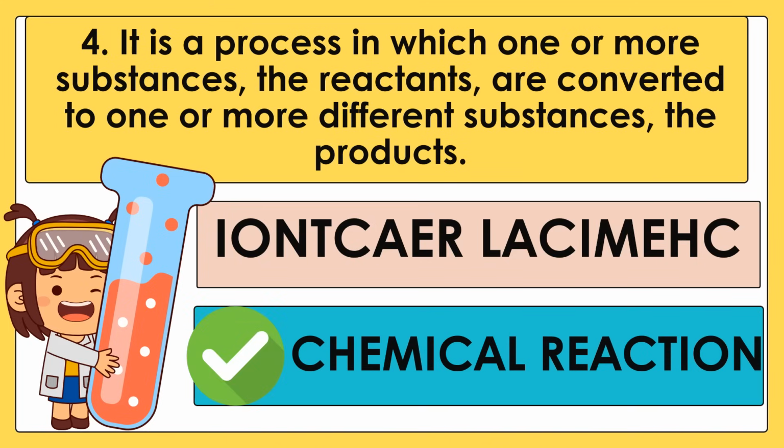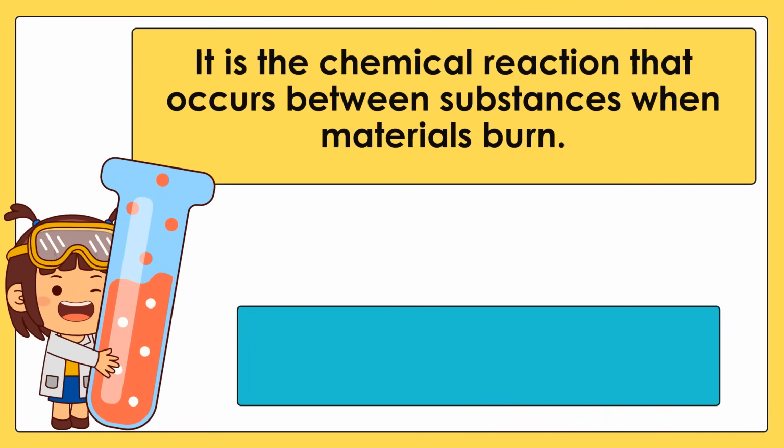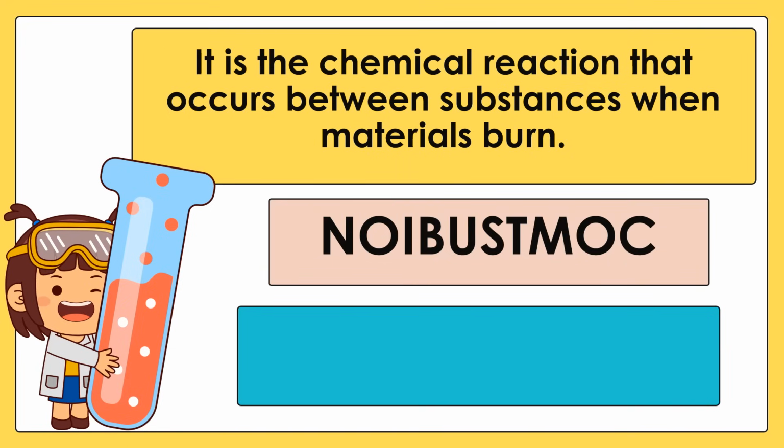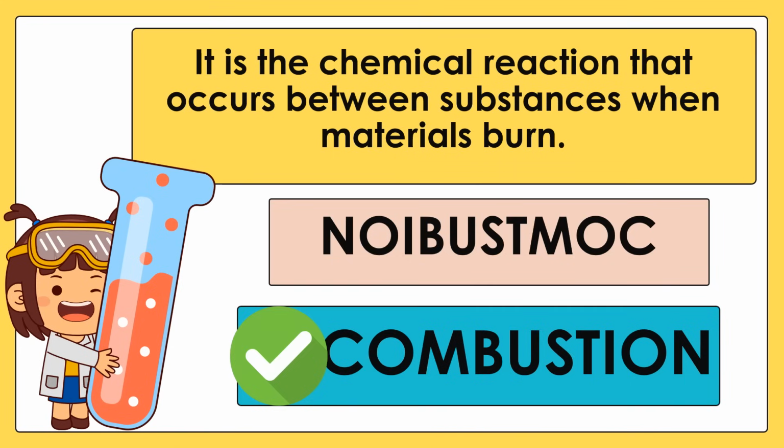Chemical reaction. Number 5. It is the chemical reaction that occurs between substances when materials burn. The correct answer is combustion. Good job!